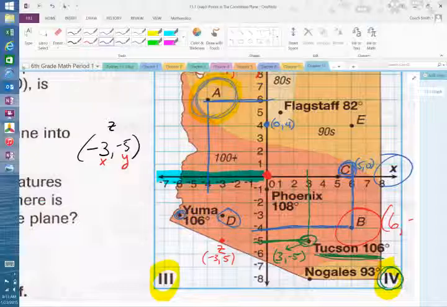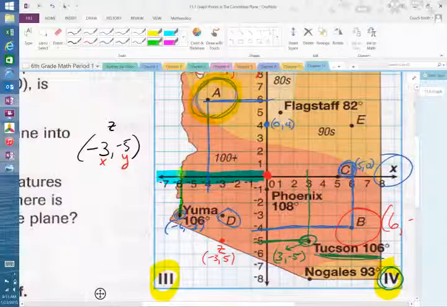Brandon? -6 and -3. That is correct. Good. -6, -3 are the coordinates of Yuma. Because, once again, it crosses the x-axis at -6, crosses the y-axis at -3.